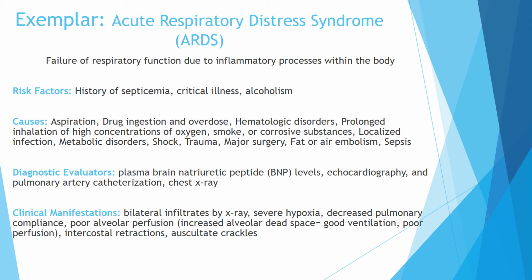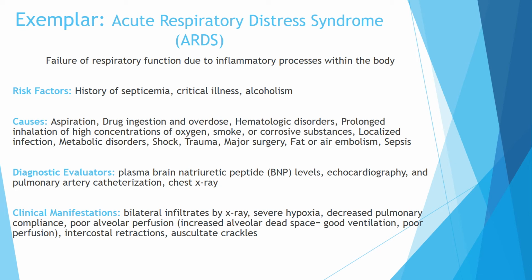Poor alveolar perfusion. So they have increased alveolar dead space. This means that the air can enter their lungs, but when it's in there and it's supposed to be exchanging the gases with the alveoli and the capillary beds and give the oxygen to the blood so that it can be perfused to the rest of the body, it can't do that. The alveoli are filled with fluid in ARDS.